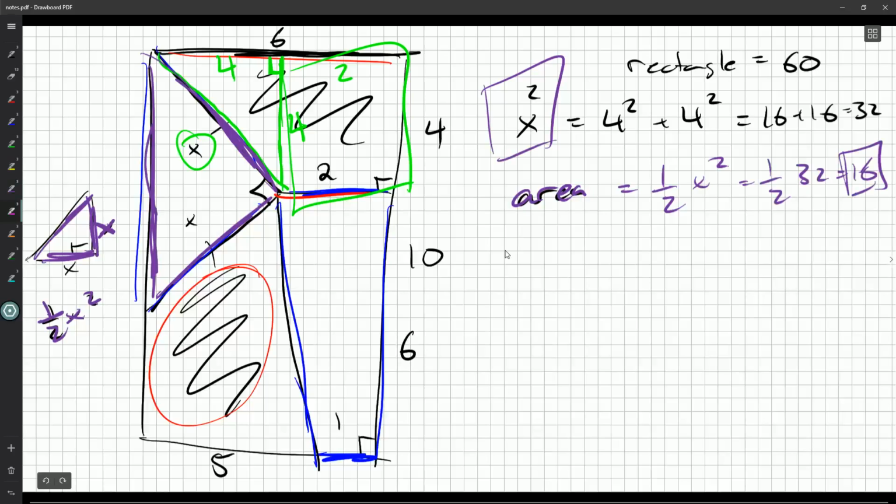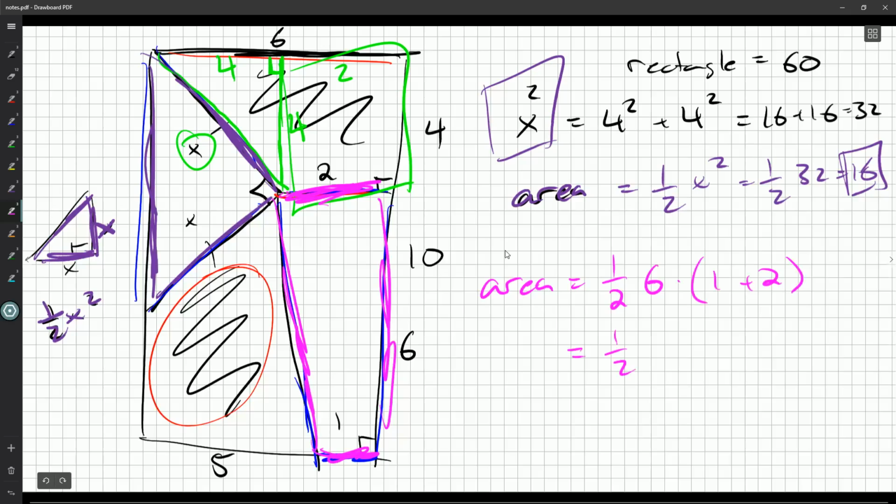Now how about this pink trapezoid? Well, what's the formula for the area of a trapezoid? It's 1/2 height of 6, and then the sum of the two parallel sides. That's 1/2 6 times 3. That's 1/2 of 18. That's going to be 9.